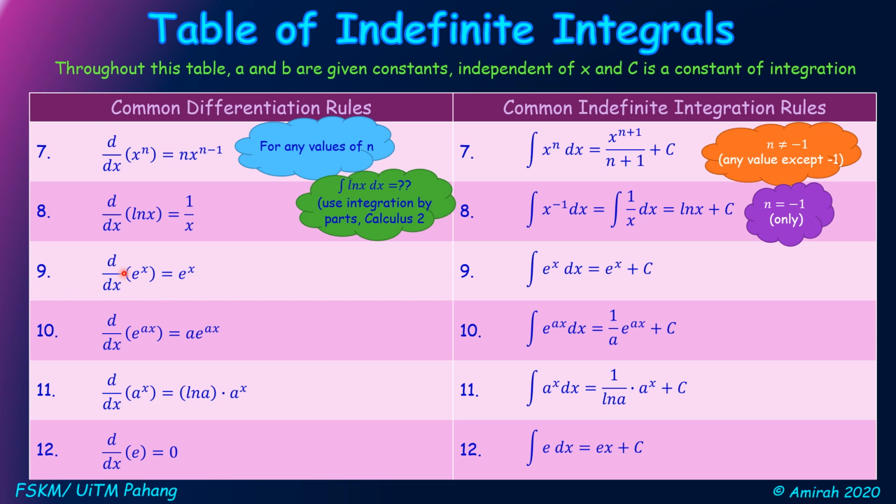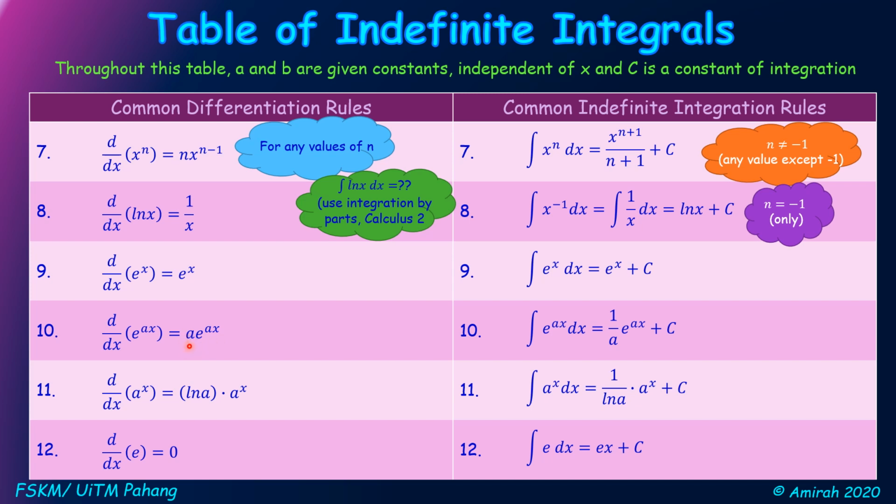When we differentiate e to the power of x, it will give e to the power of x back. Since integration is the reverse process of differentiation, when we integrate e to the power of x, we also get back e to the power of x, and then we put plus c. When we differentiate e to the power of ax, we have a e to the power of ax.